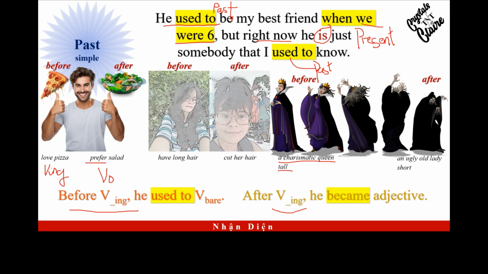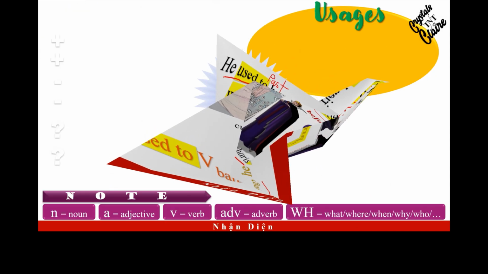She was really tall, but after that, what happened to her? An ugly old lady, in short. Okay, so what did she do to her body? What happened? So you can use before verbing, he used to. Okay, after verbing, she became something. Is it clear enough? Yes.